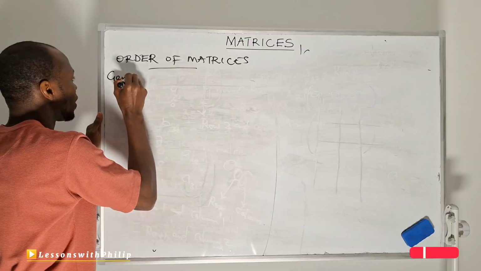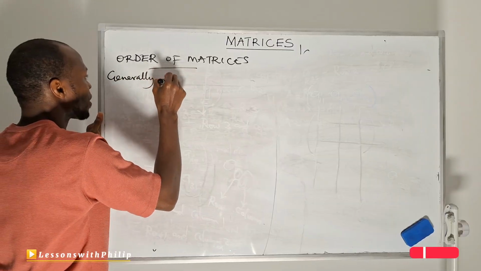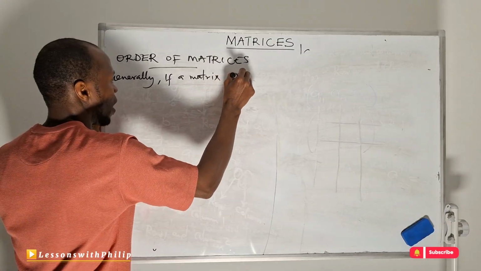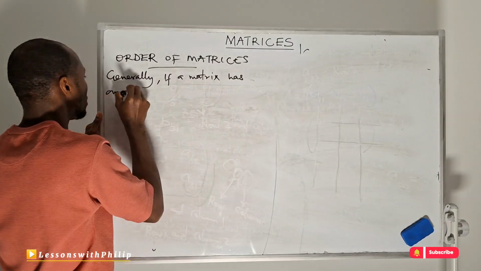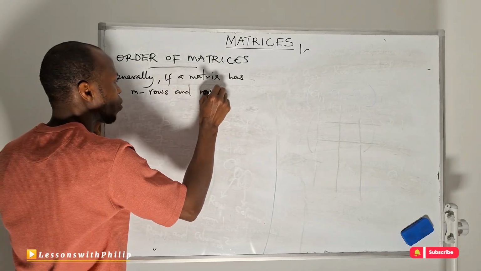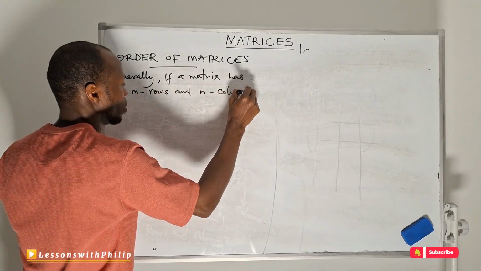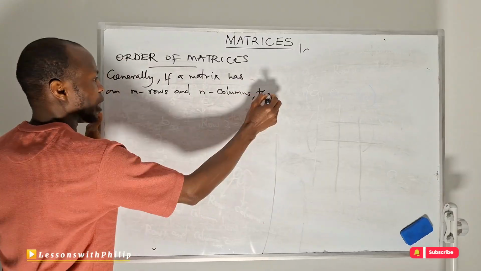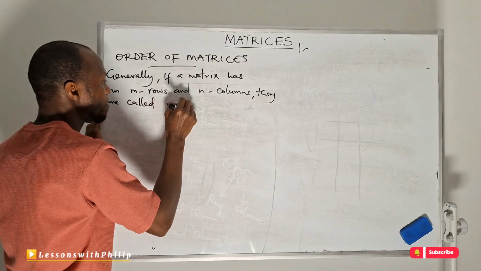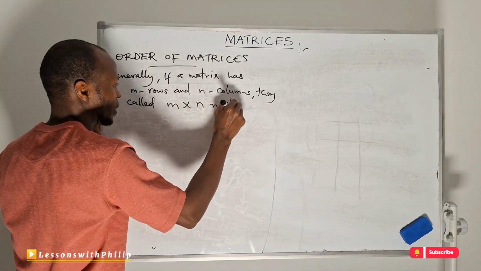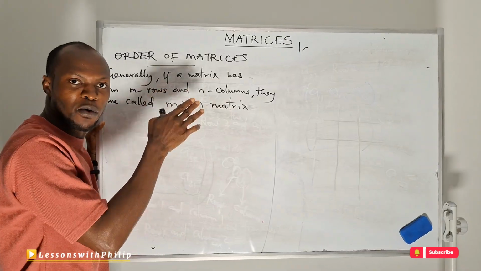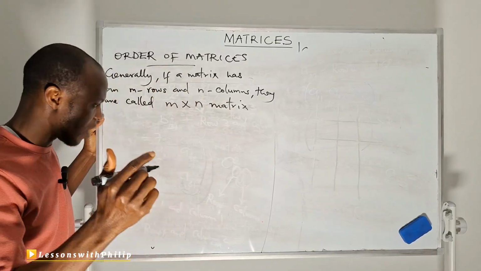Generally, if a matrix has m rows and n columns, it is called an m by n matrix. Now, for the order of a matrix, the number of rows come first, followed by the number of columns. I'll give an example.